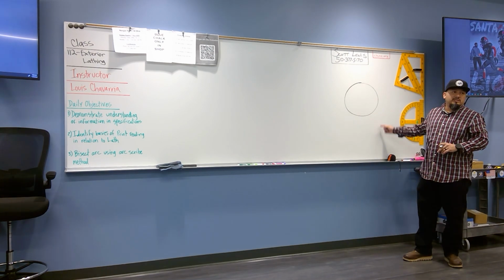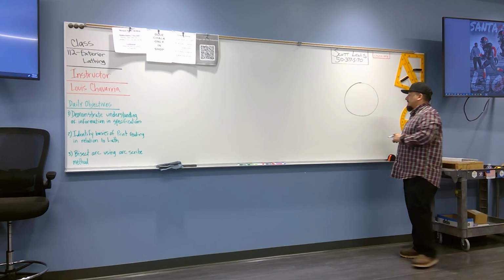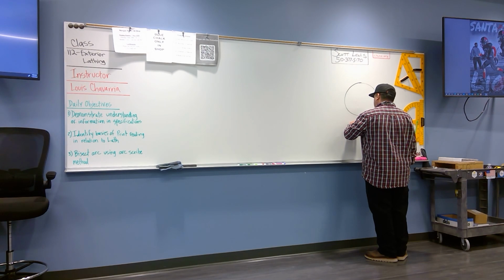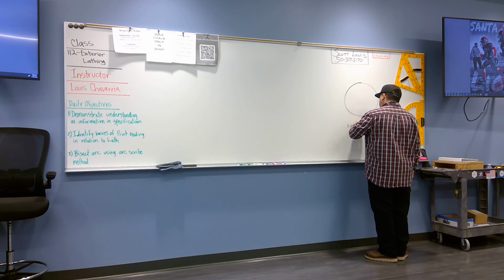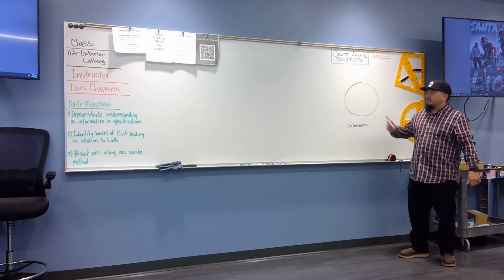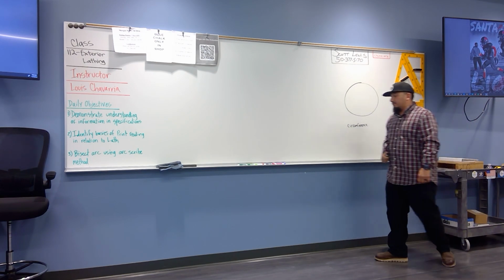What part of the circle is this? Circumference, correct. The circumference is just the distance around the outside of a circle.